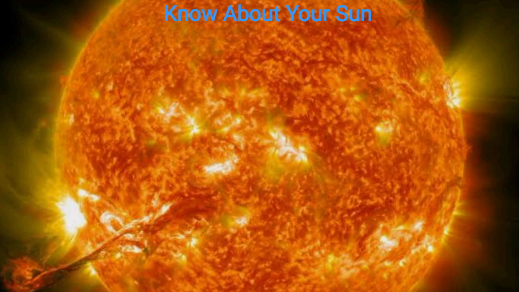The diameter of the sun is about 870 thousand miles wide, and it is 109 times wider and 333 thousand times heavier than our Mother Earth. It contains more than 99.8% of the total mass of the solar system.